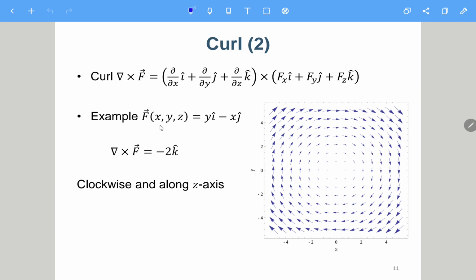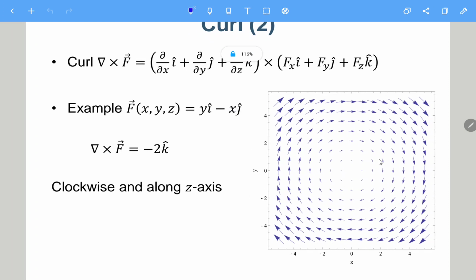So here we have an example, F equal to y i hat minus x j hat. To really plot this figure, the middle point is 0, 0, which means that when you plug in 0, 0, it becomes a zero vector. So in the middle we don't have anything.